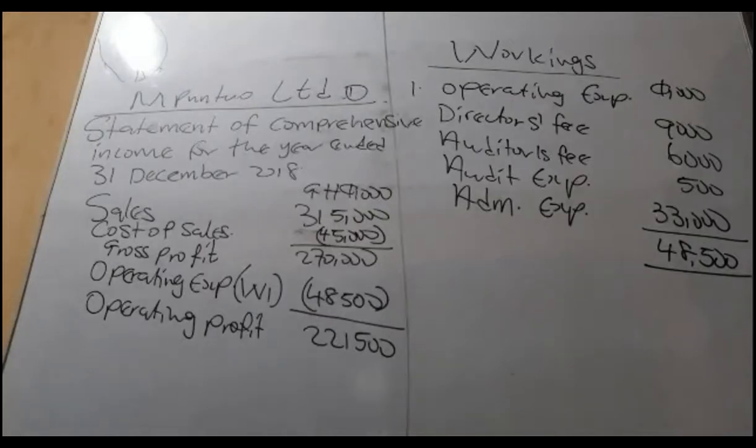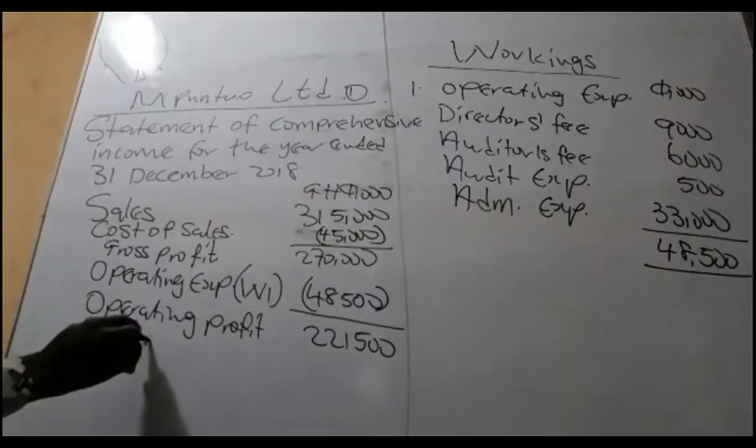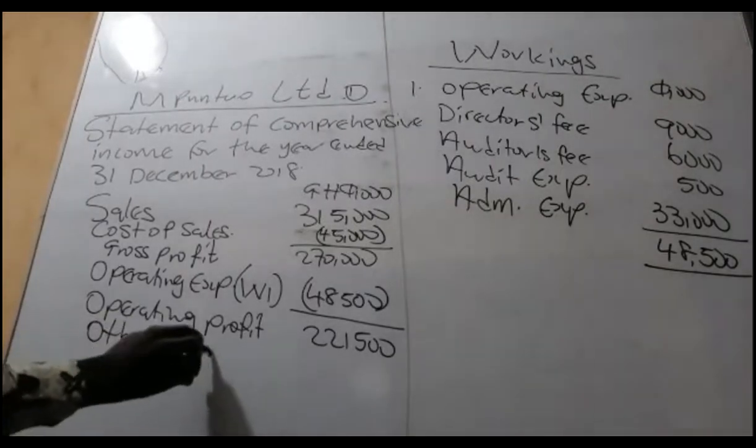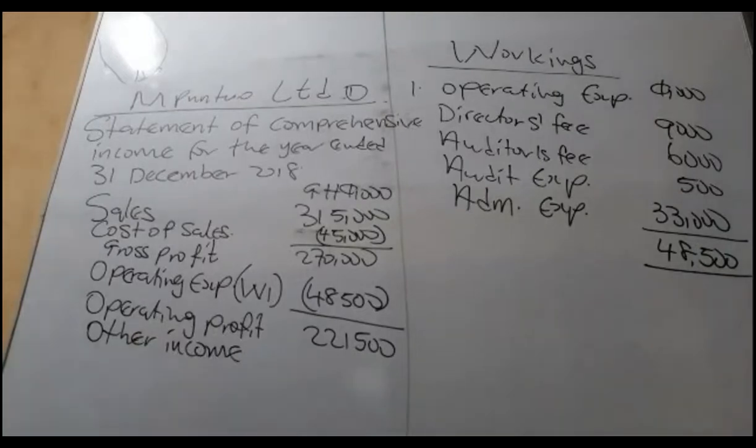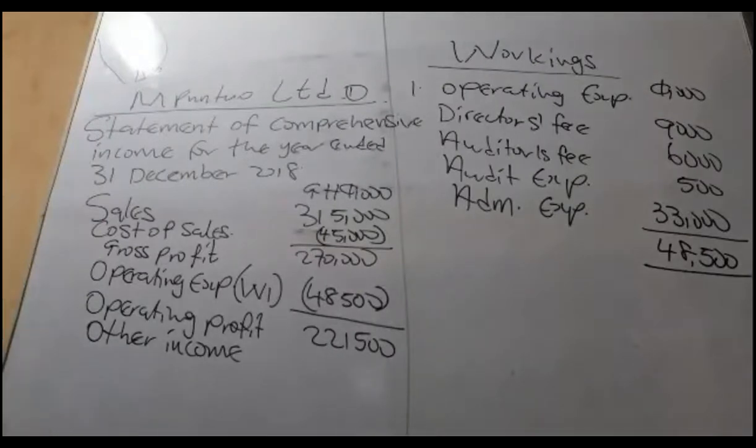Your other income. Good. So let's do the other income. We said that the other income are income that you earn which are side or apart from your core activity, the ordinary course of business. So any income that you earn aside from your core activity.